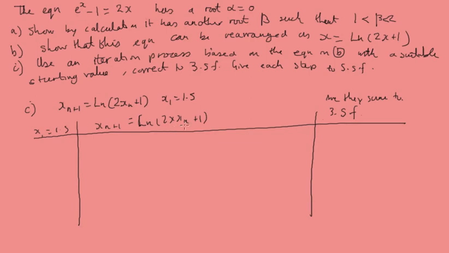So we'll put 1.5 in here, and we'll get our value for x2 is going to be 1.3863. So 3 significant figures? Well, that's obviously not the case. x3 is going to be 1.328278.